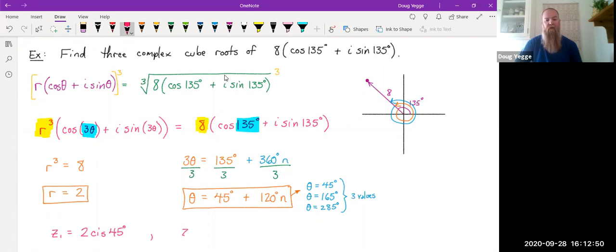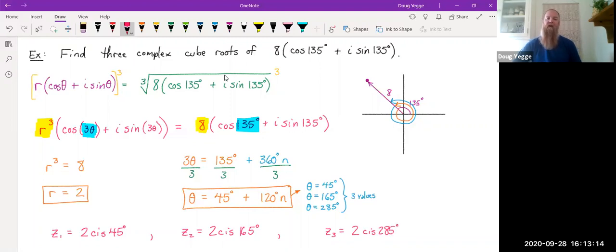The next cube root, which we'll call Z2, is equal to 2 times cis of 165 degrees. And finally, the third complex cube root is going to be 2 cis of 285 degrees.